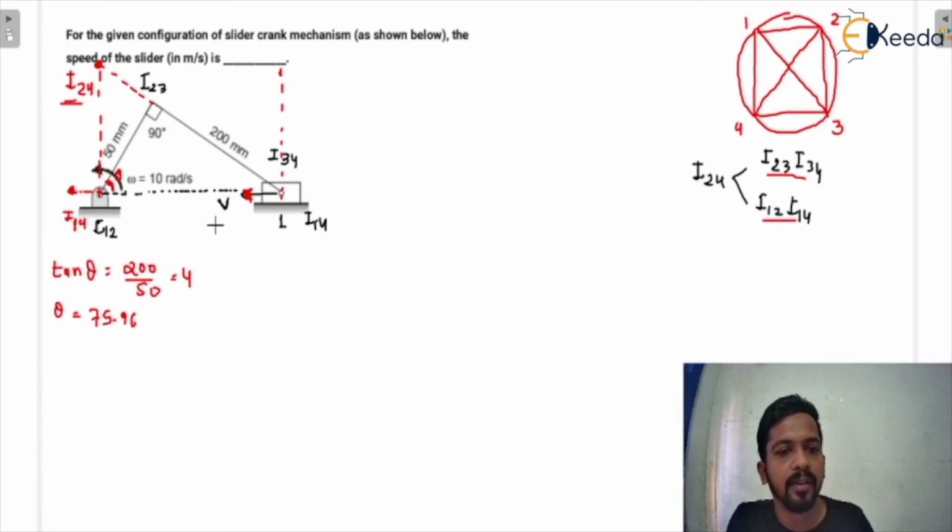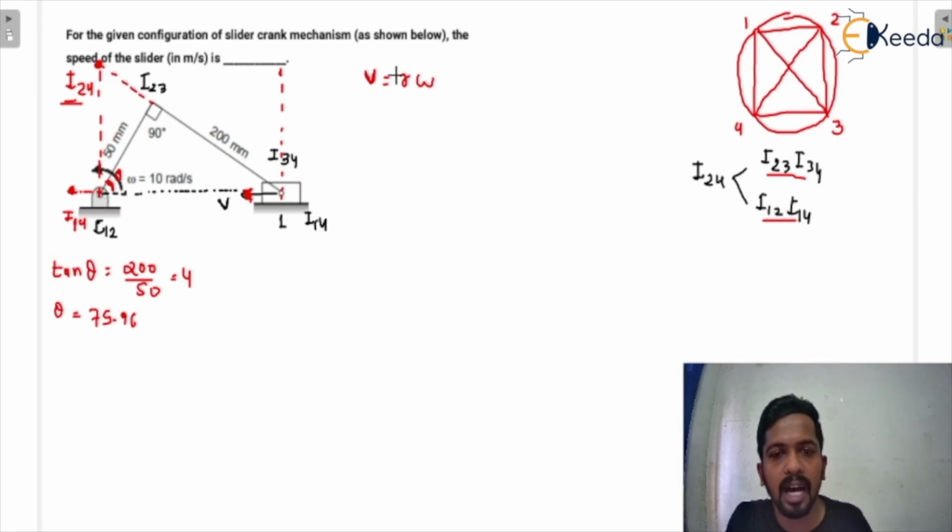Now what is the value of v? That is R omega, where omega is the angular rotation of the crank. You can say that is 10 radian per second. So we can find v. Are you getting my point?